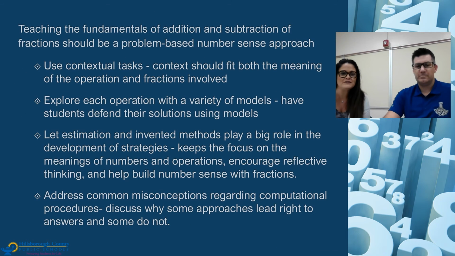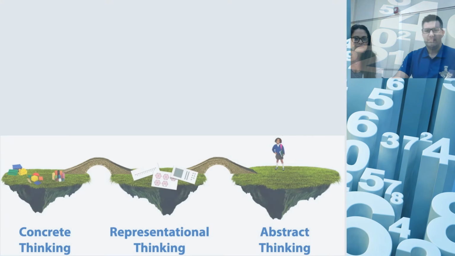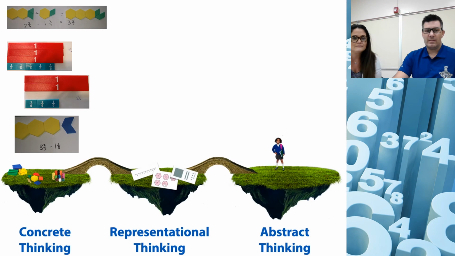So here's just a summary slide about what Joe and I pretty much talked about today. We encourage you to go ahead and take a moment to reflect on the bulleted items on the slide. And again, revisiting this concrete representational abstract, the CRA.